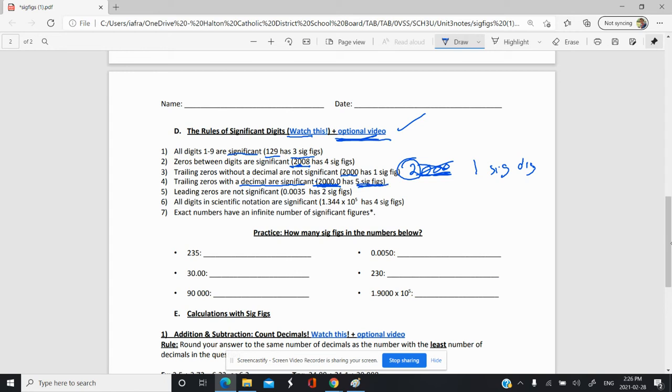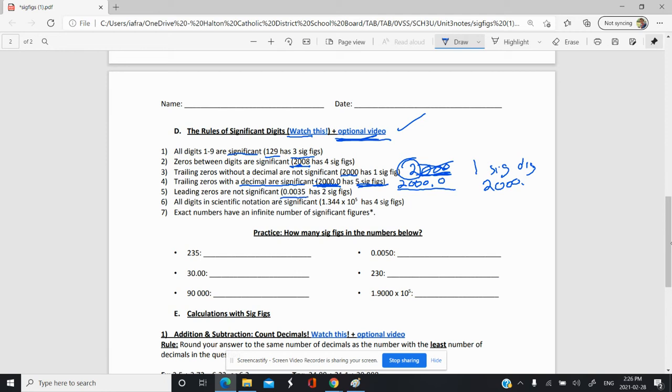Over here in the 2000, I didn't have the .0, but over here I have 2000.0, and I've made everything significant by doing that. So here I have 5 significant digits. You could have also done this if you want to only have 4 significant digits. You could do 2000 point, and that indicates that you have 4 significant digits instead.